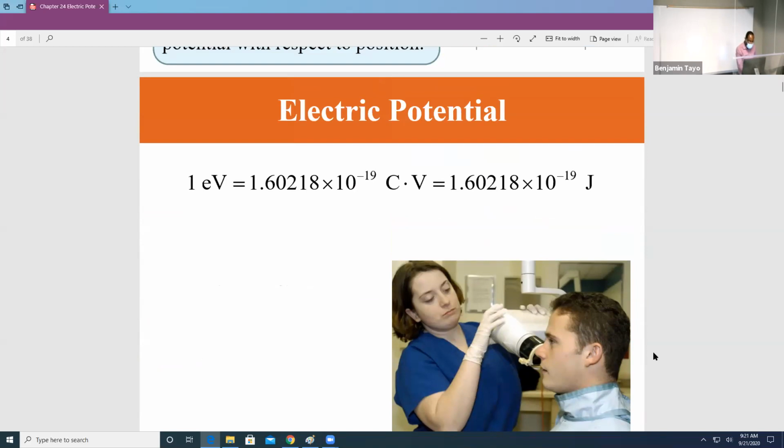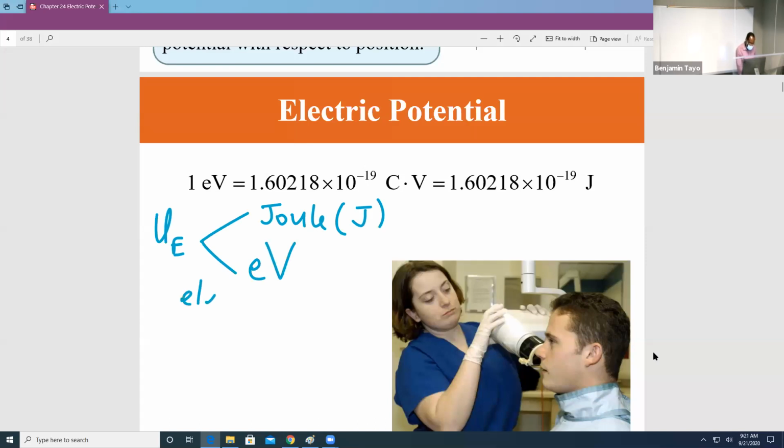Now, what this shows you is that we can measure electric potential energy, UE, in joules. And sometimes it's also convenient to measure this in electron volts.